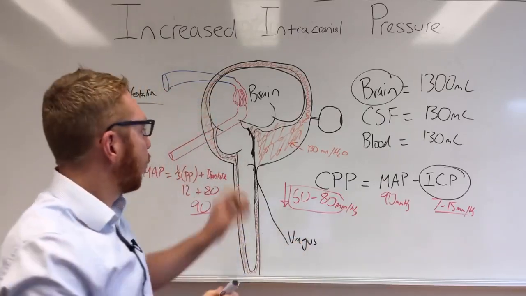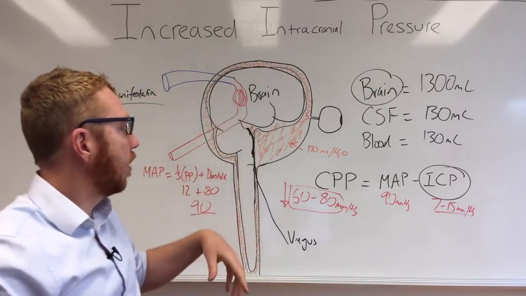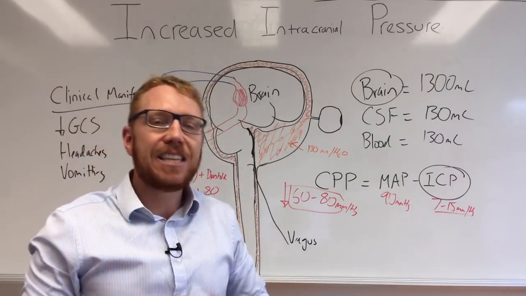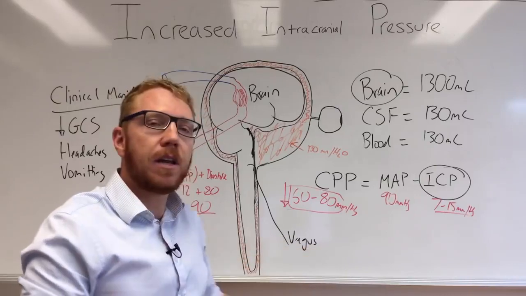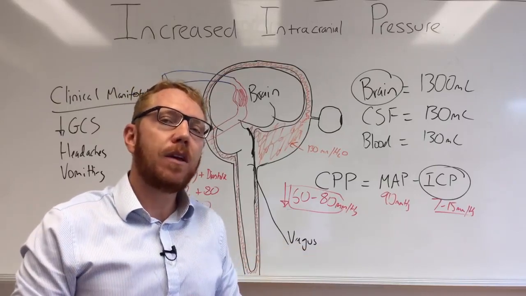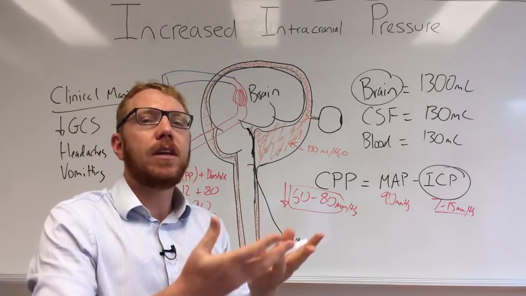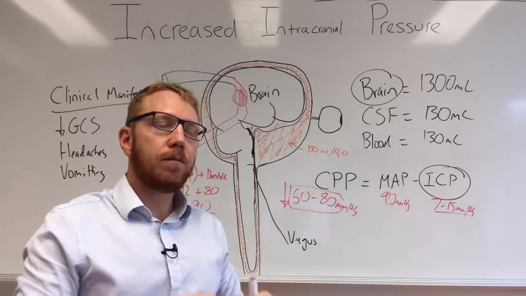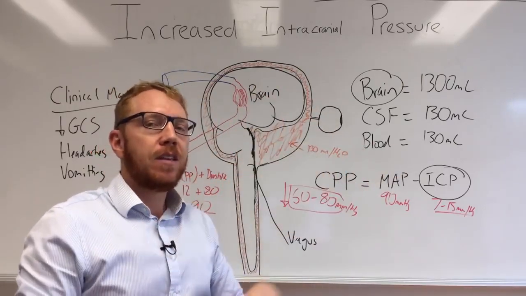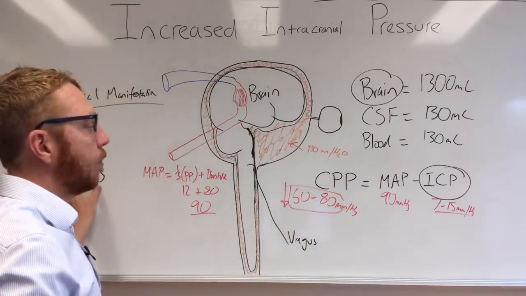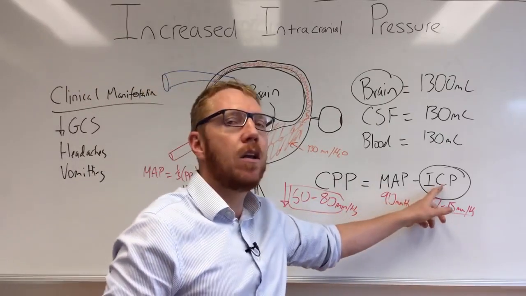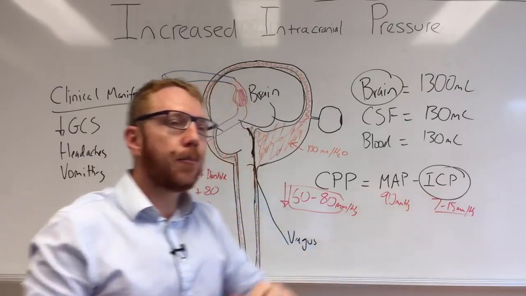Now, that gets pressed on when we have an increased ICP. So if the vagus gets irritated, we know it's parasympathetic, and we know that it innervates the stomach, and so too much drive to the stomach can cause vomiting, but not only normal vomiting, but projectile vomiting. So if a patient has projectile vomiting, that's also a sign of intracranial pressure increase.